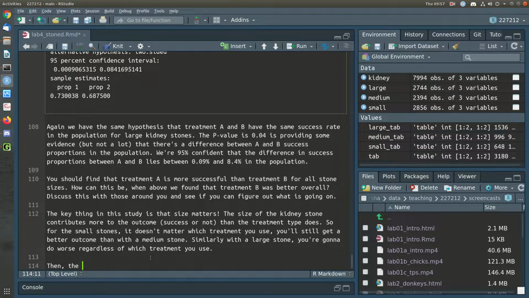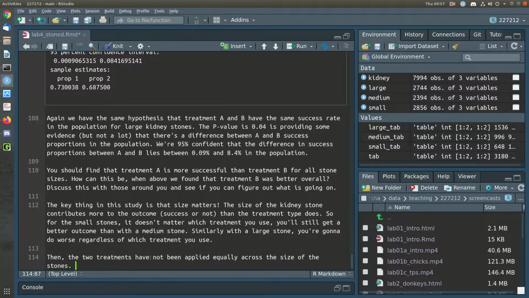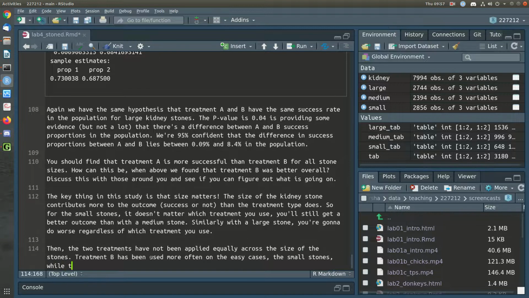Then, the two treatments have not been applied equally across the size of the stones. Treatment B has been used more often on the easy cases, the small stones, while treatment A has been used more on the hard cases, the large stones.